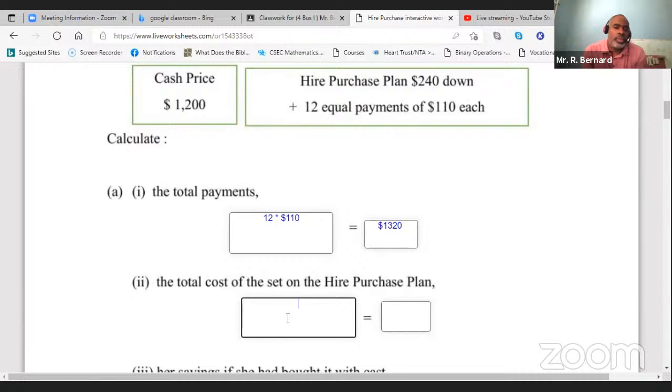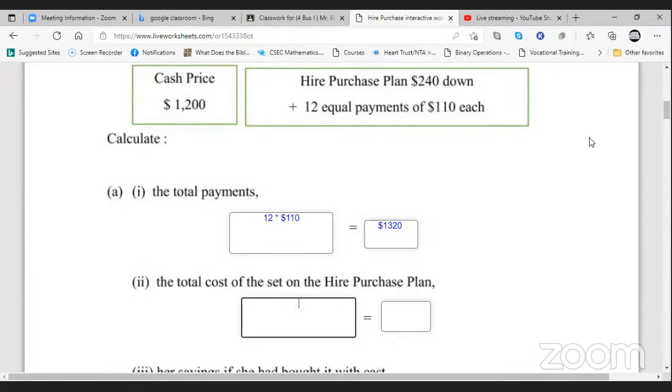How do we work this one out now? 112 times 110 plus 240.